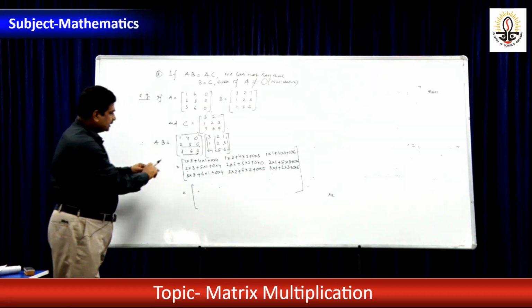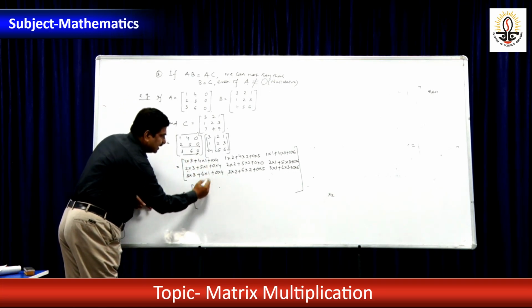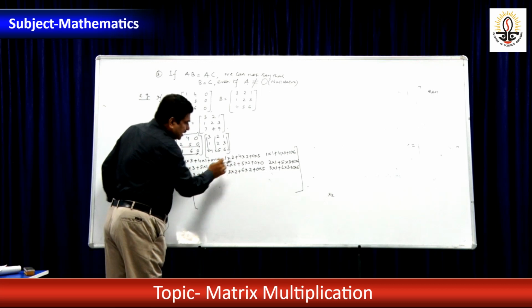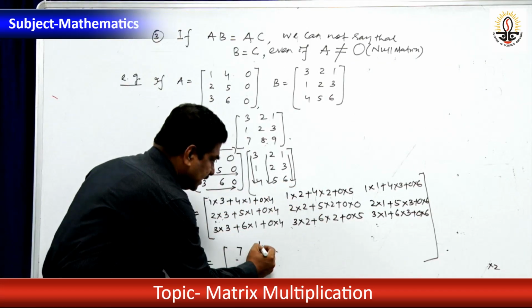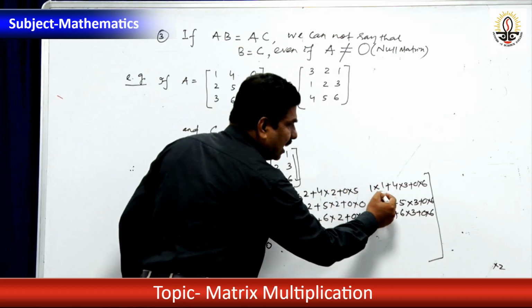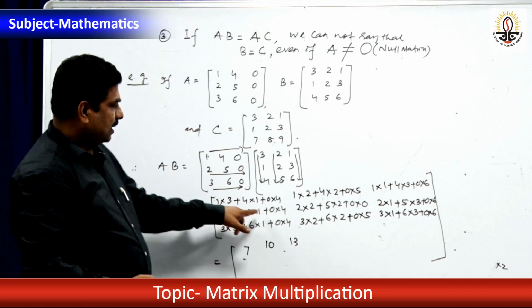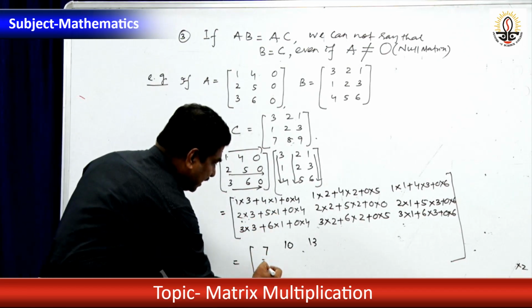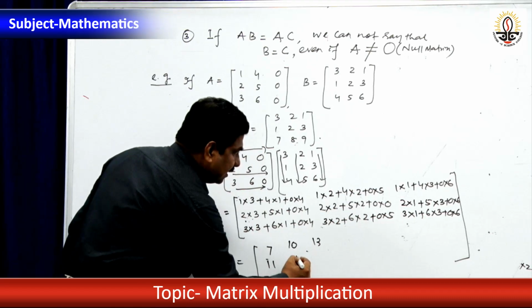Here you see, this value is 1 into 3 is 3 plus 4 is 7. This value is 0. Next, 2 plus 8, 10, dear. And this one is 1 plus 12, 13. Next 6 plus 5 is 11, dear. Next one is 4 plus 10, 14.